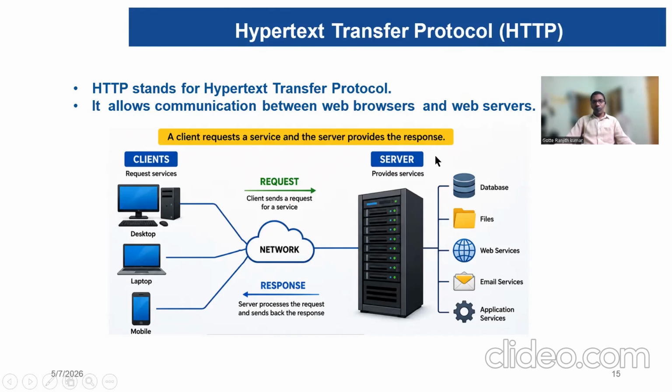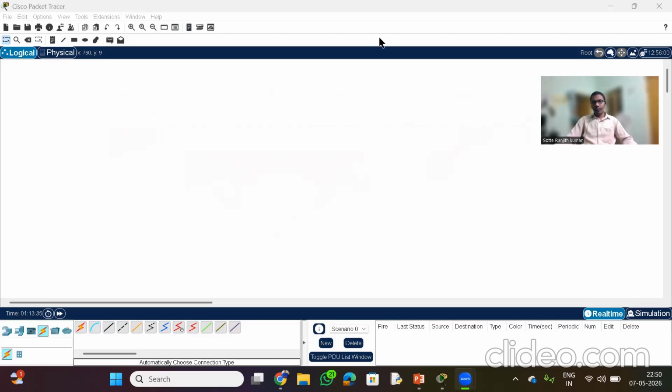And between client and the server, this communication is possible by using HTTP. Now I will show you how this HTTP protocol is simulated by using a Cisco Packet Tracer. Now let us open the Cisco Packet Tracer. So now this is Cisco Packet Tracer.